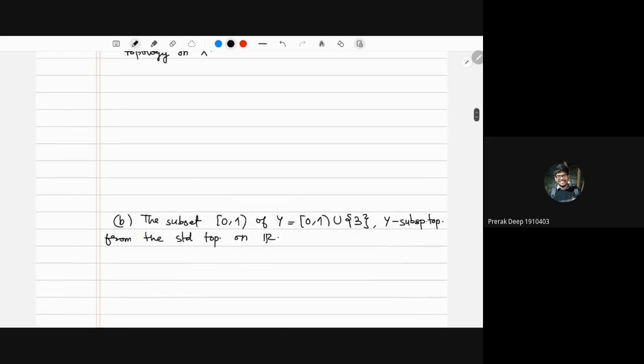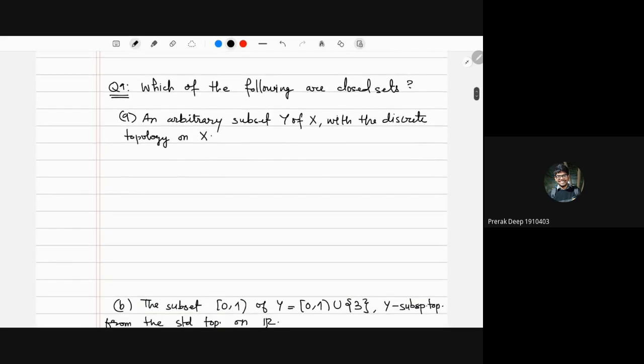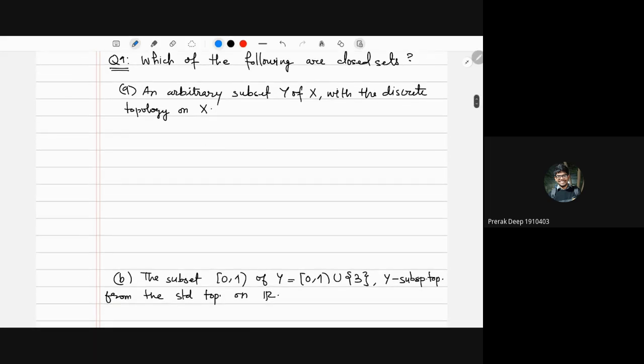For those who joined just now, this is another live session, and we will be discussing a few problems from assignment 4. The first question is, which of the following sets are closed sets? Option A: an arbitrary subset Y of X with the discrete topology on X. Let me first recall what we mean by a closed set.